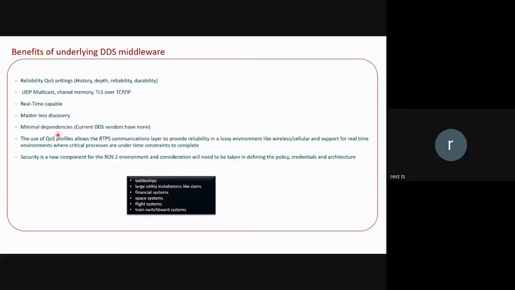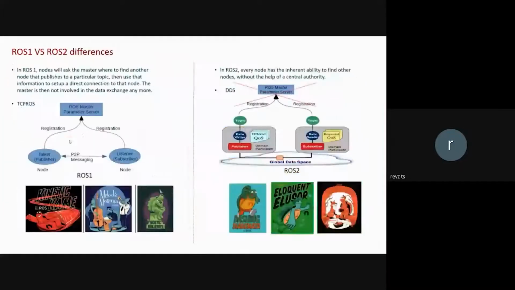And here, masterless discovery means that ROS 1 requires a ROS master through which all the nodes initially register, and only then can they start publishing and talking to each other.